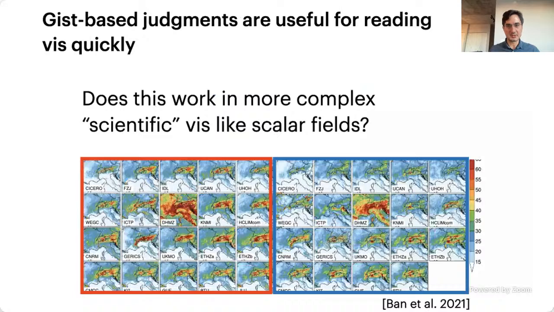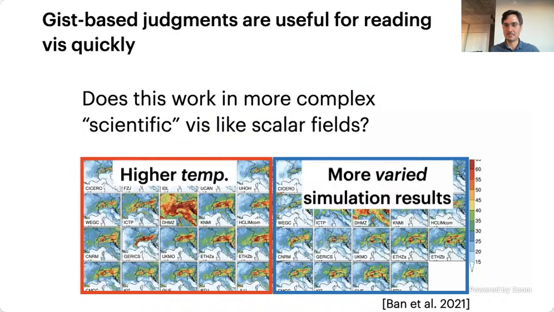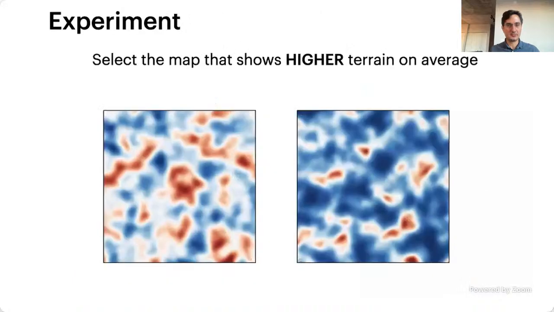Does this ability translate to more complex visualizations like scalar fields? And if so, how reliable are people at estimating summary features such as the mean or the variance in data sets like these? So to try to answer these questions, we designed an experiment where we showed participants a pair of scalar fields at a time, and we were asking them to choose the field that exhibits higher variance.